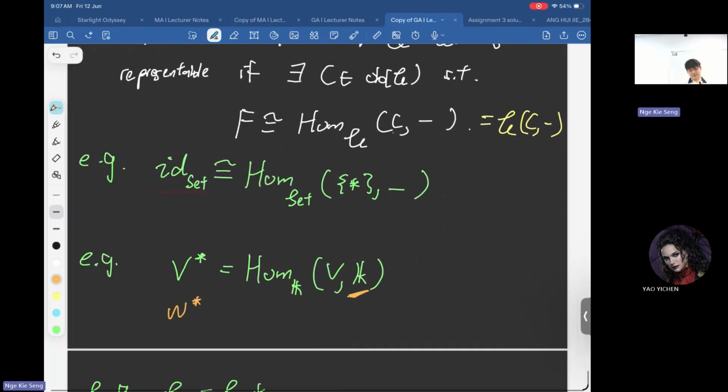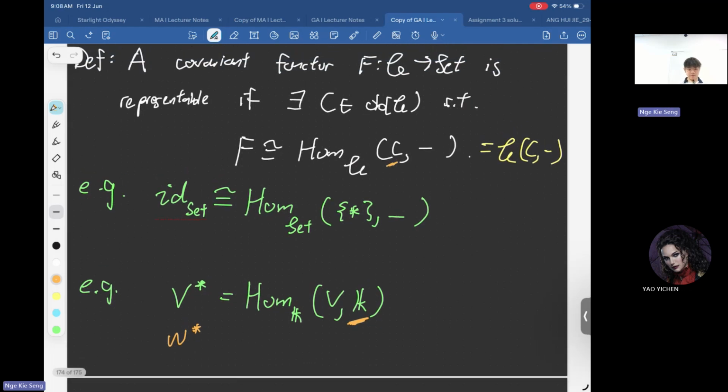But you can see that this position is different, because this dual functor here is a contravariant functor, so that's why your object is in the second slot. Is there any name for the object that represents a functor? It's called the representing object.